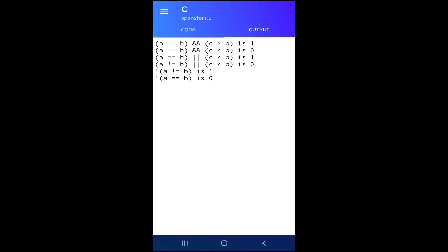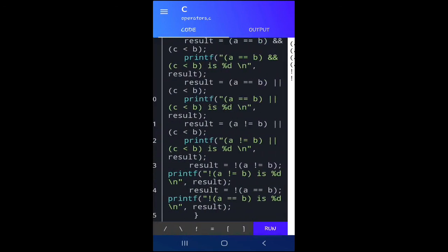And here not a not equal to b works as minus into minus, and minus into minus is plus. So we can write a equals b as a not equal to sign and a not equal to b, and this is true. And a equals b is true, but we have used the NOT operator differently, so this is false.